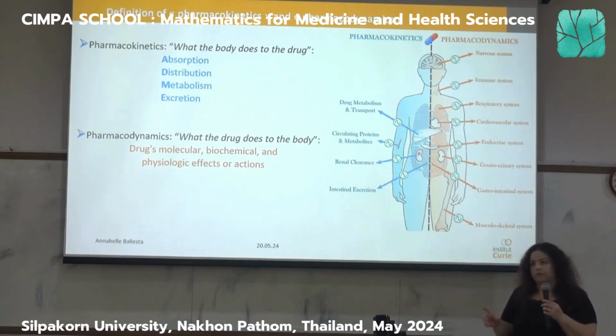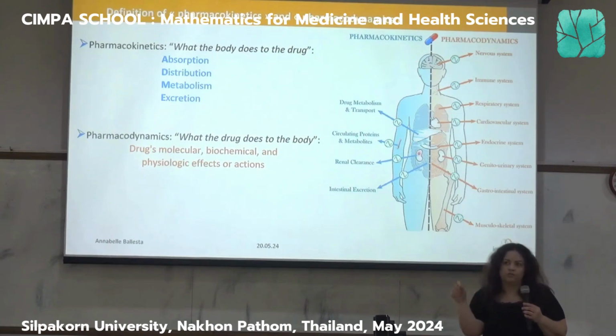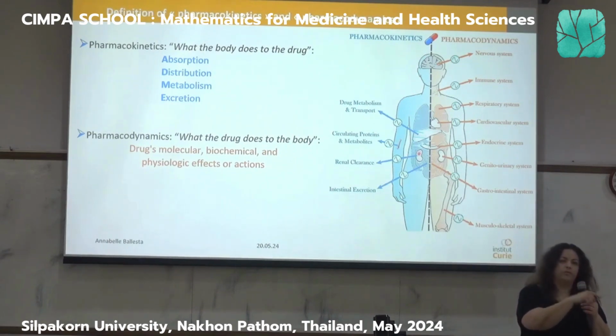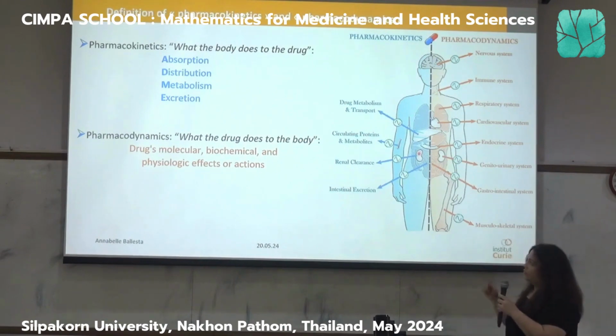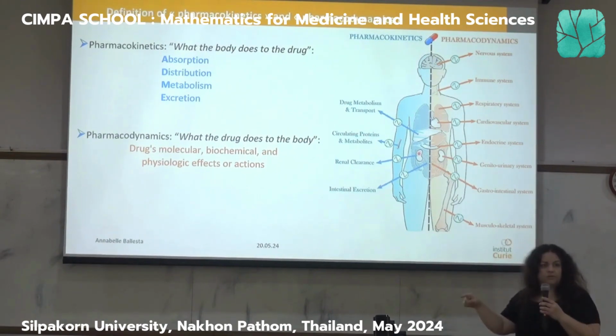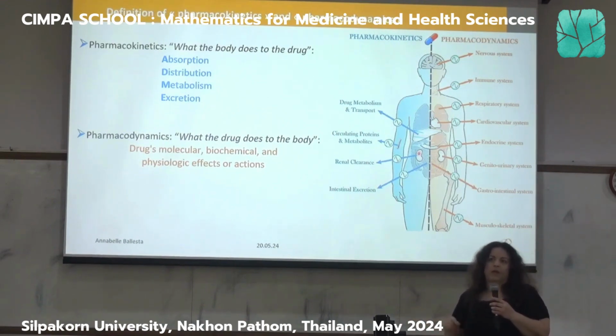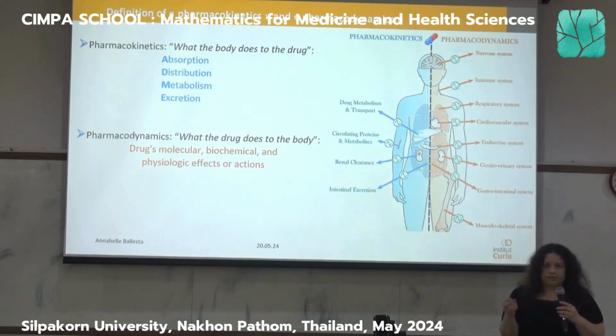And the second part, when the drug manages to arrive at the target, is called pharmacodynamics. So pharmacodynamics is what the drug does to the body. So imagine I'm studying a cancer drug that wants to kill cancer cells.